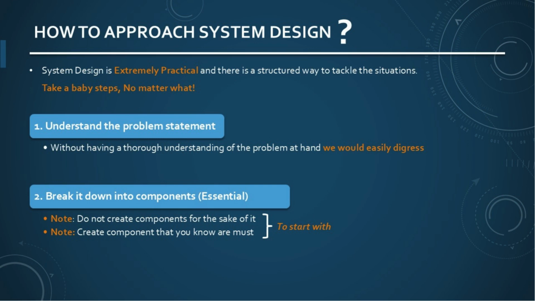So let's start with the first one. First understand that system design is extremely practical. Whenever you're designing any system, think in a very realistic manner. Think if you are the one who is building it, who is going to code it out, right? How would you design it? Instead of just drawing boxes for the sake of it, that's not a good way to do it, right?